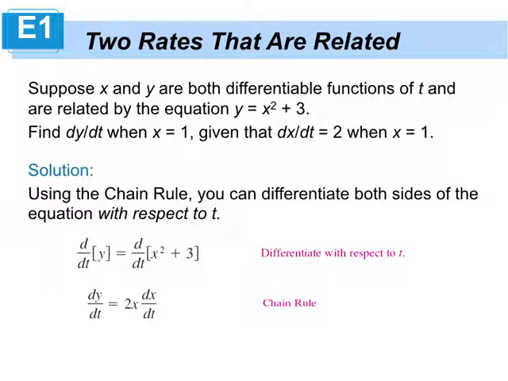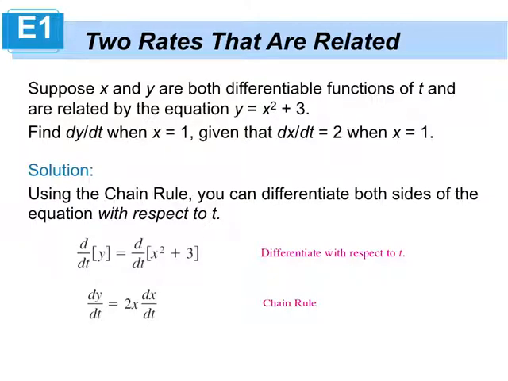In other words, if I have 3 unknowns, I gotta know 2 to solve it. If you look at the last line of our given information, we know that find dy dt when x equals 1, given that dx dt is 2, and when x equals 1. So we know what x is, we know what dx dt is, so we can solve for dy dt. Plug and chug, you get your answer.